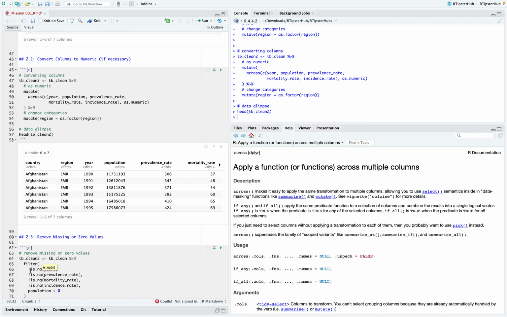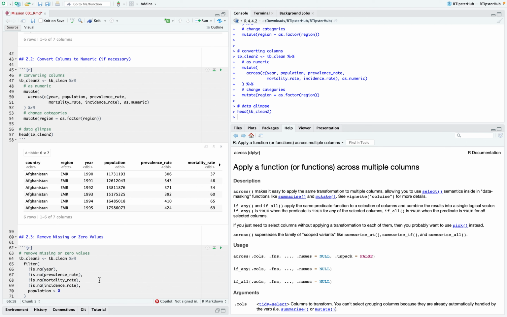What is key is the syntax here: you're basically telling R to filter the column, look at all the values that are not available or are NA, and then this exclamation mark says remove them and only keep what is not NA. And for population, just keep populations that are greater than 0.